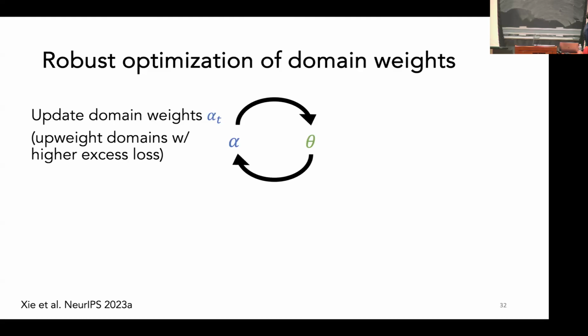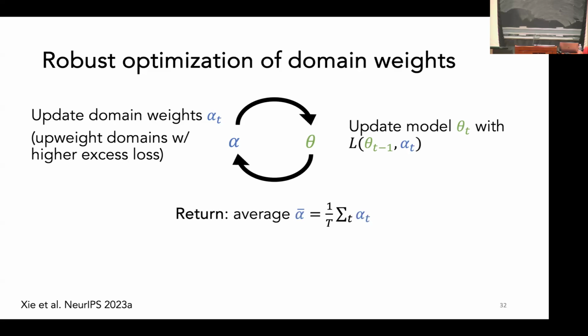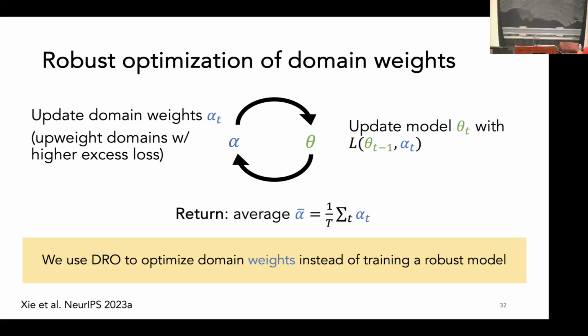Now given these updated domain weights, we can then update the model with the objective L. At the end, we'll return the time average domain weights across the steps of this optimization. I'll note that we use DRO here to optimize the domain weights instead of training a robust model, which is how it's typically used.